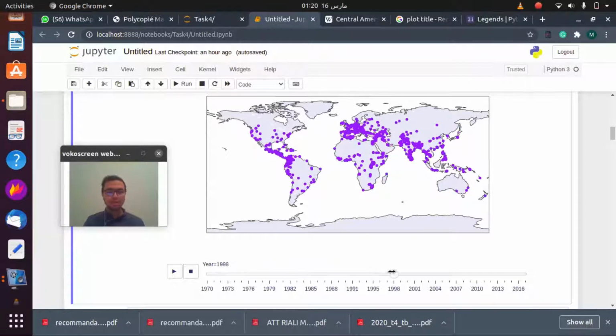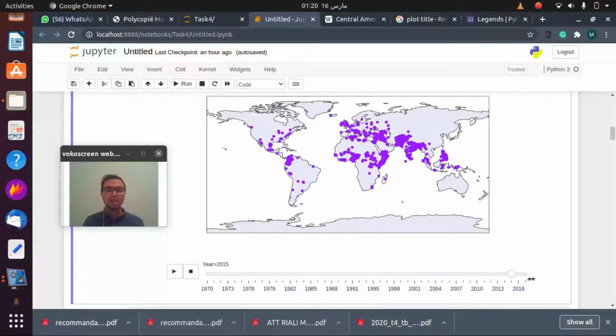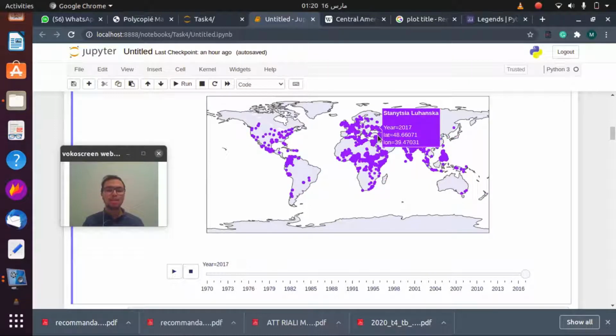So if we just move forward here, we can see that terrorism has become more and more important in the Middle East and the north of Africa than in Europe.